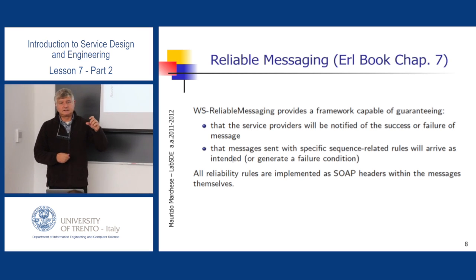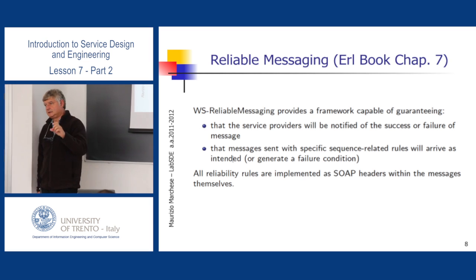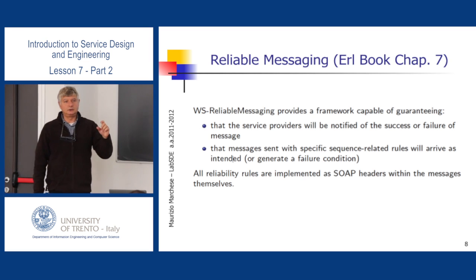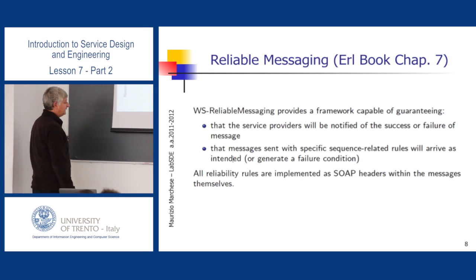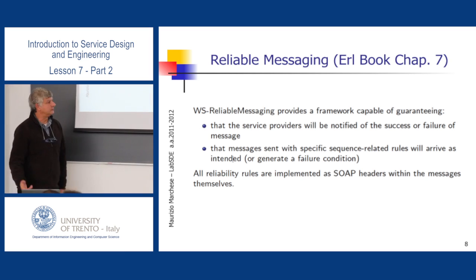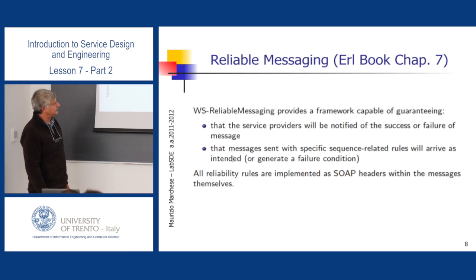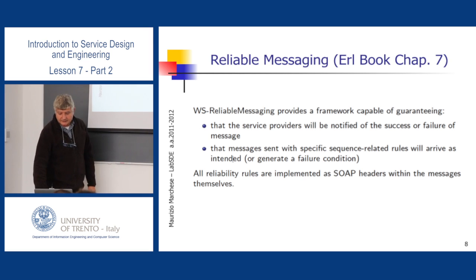You can use the headers, and this is an interesting architectural point of view, to add some controls, which in this case are reliable messaging and quality control, related to a particular part of the quality of service. So this is the way that is done.